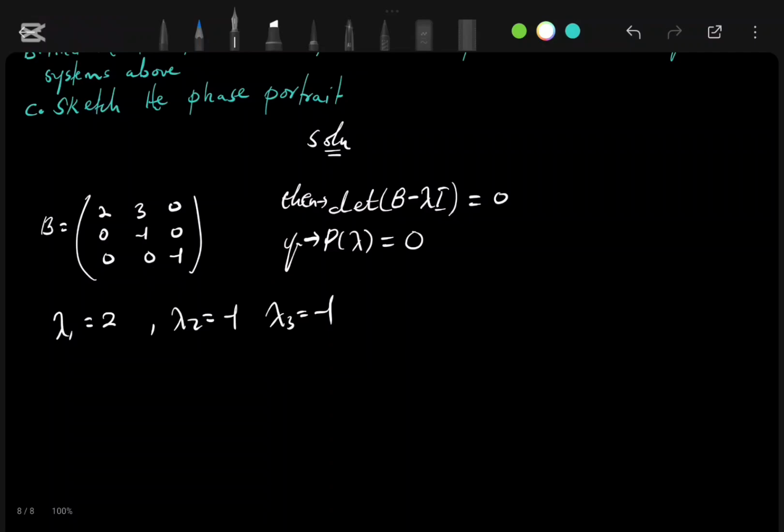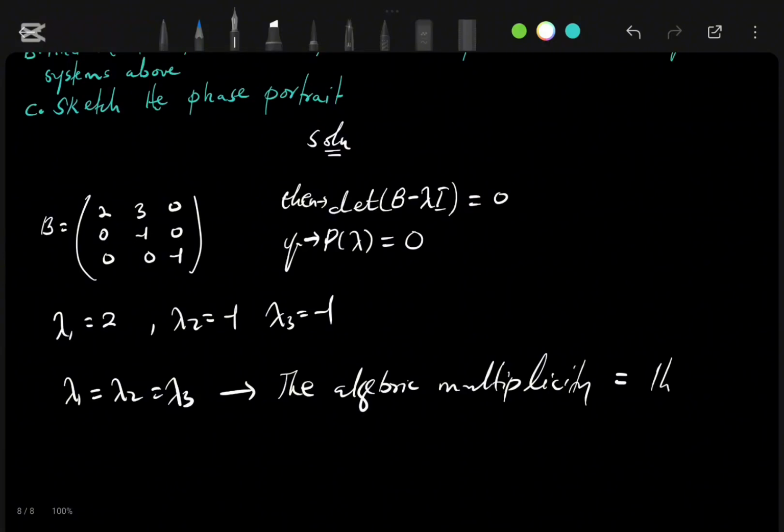Now, if we have a case where all the lambdas are repeated, that is lambda 1 is equal to lambda 2 is equal to lambda 3, then we say that the algebraic multiplicity is equal to the geometric multiplicity.